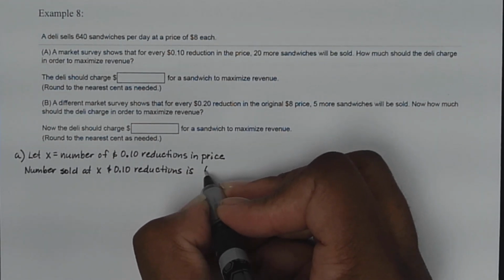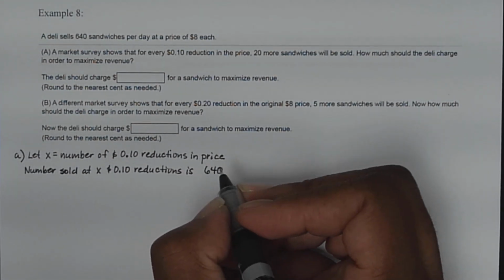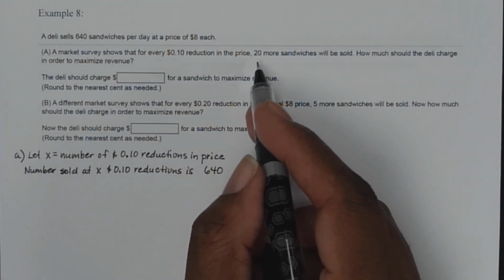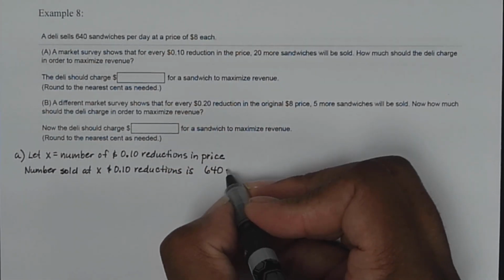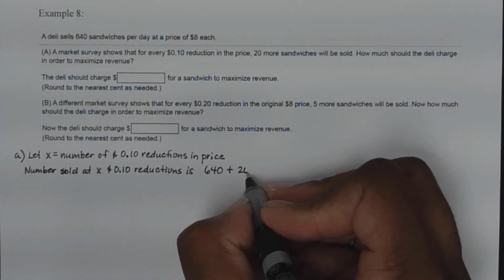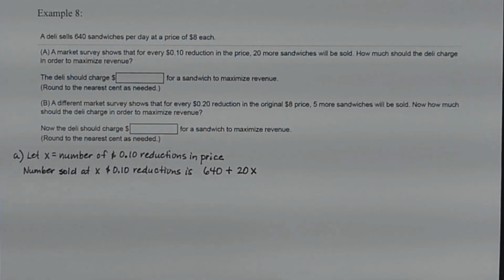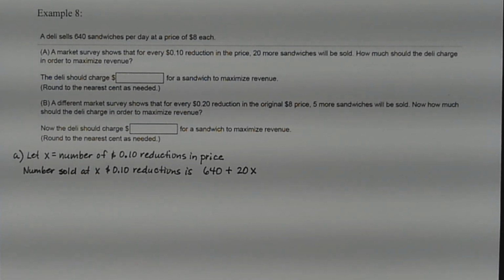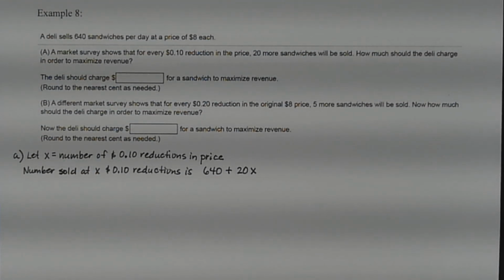That will be the 640 sandwiches that they sell. And in part A, they're saying 20 more sandwiches will be sold. That would be plus 20 times the number of 10-cent reductions in price. 640 plus 20x.